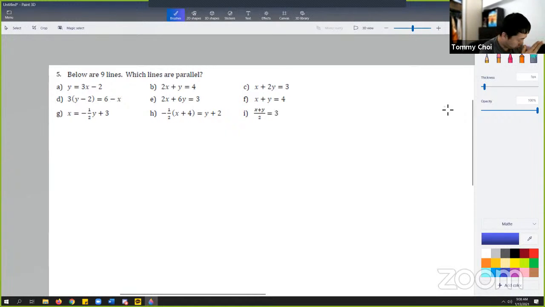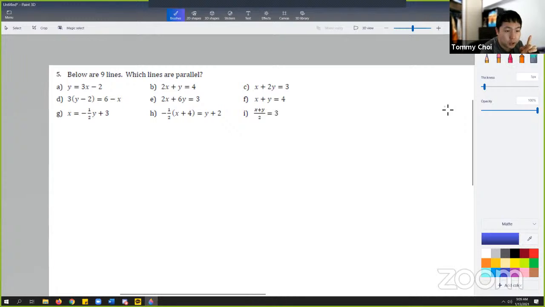We know from yesterday's lesson that parallel lines have the same slope. So all we have to do is find the slope. Easy. However, the issue here is that pretty much only one of them is in y equals mx plus b form.